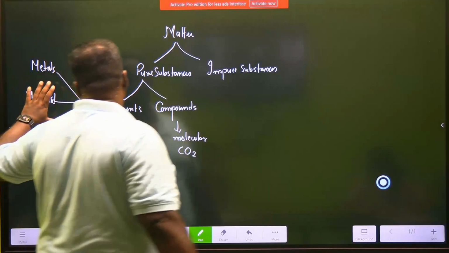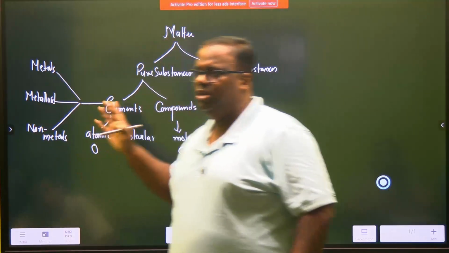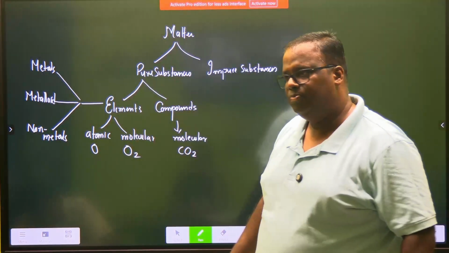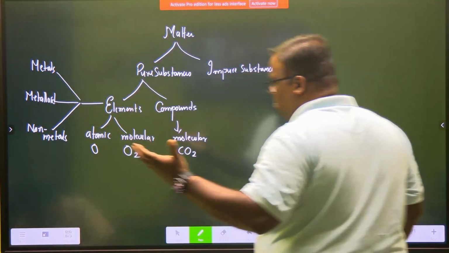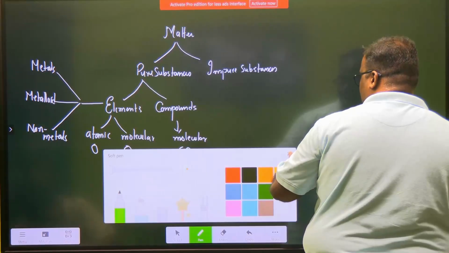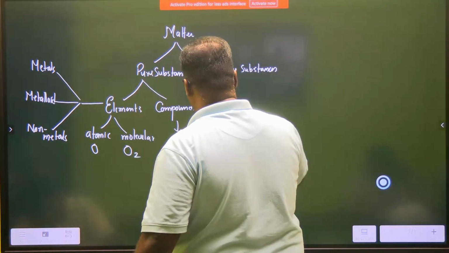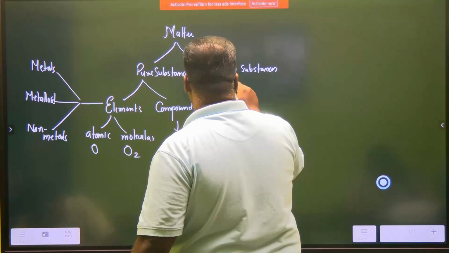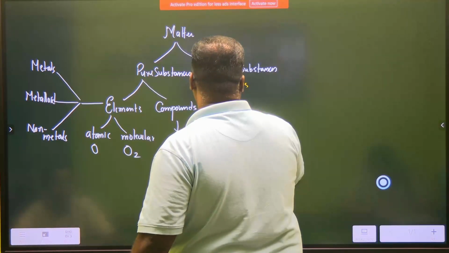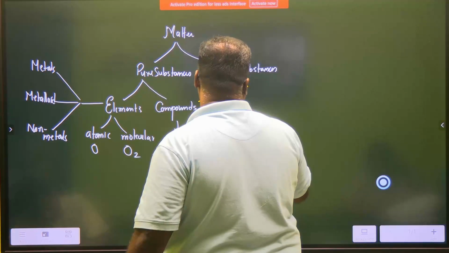In grade 10 we have a chapter called metals and non-metals, where you will be studying this side very elaborately, right? When you talk about compounds and you study compounds chemically, every compound is classified into one of three groups. We study them as either acids, either bases, or as salts.